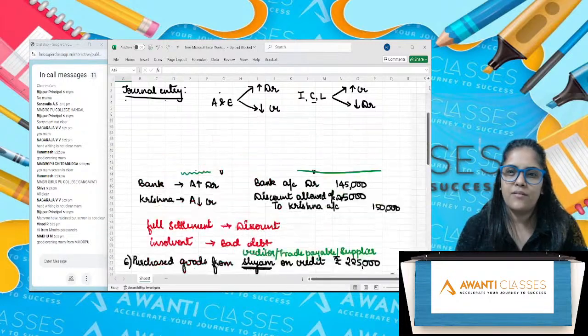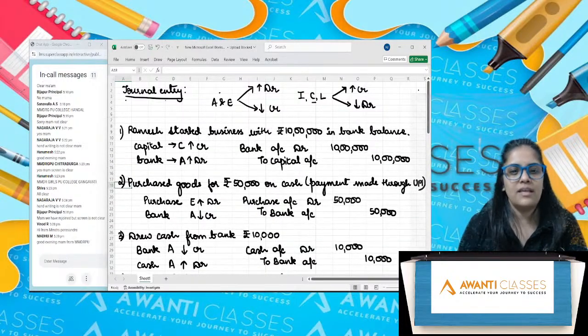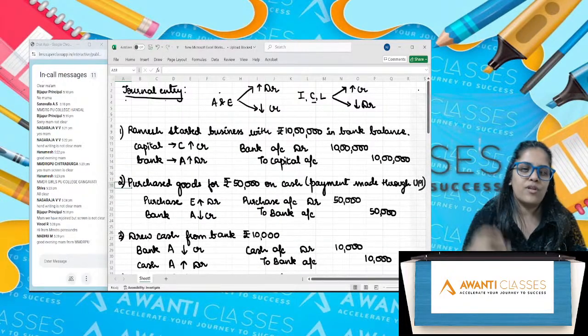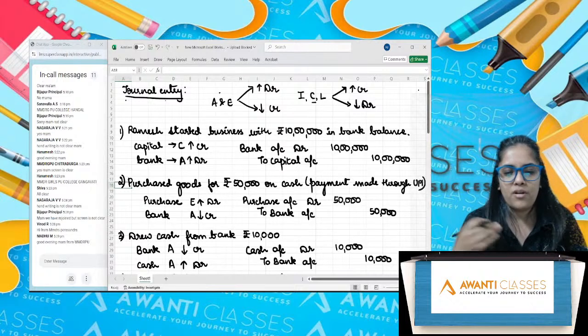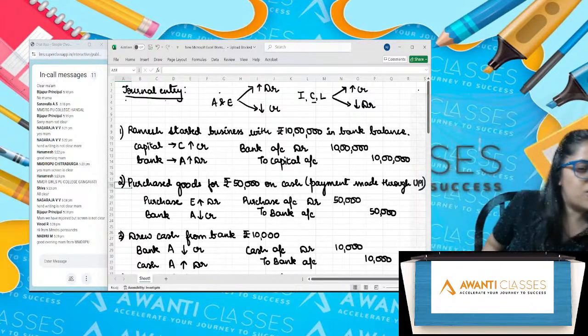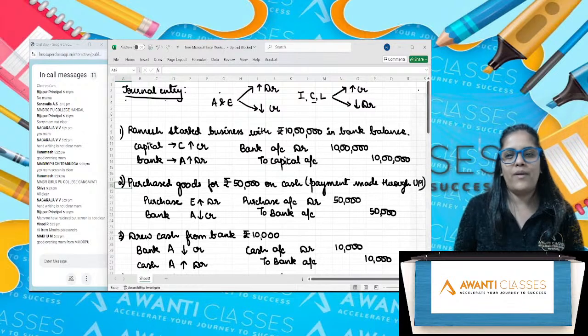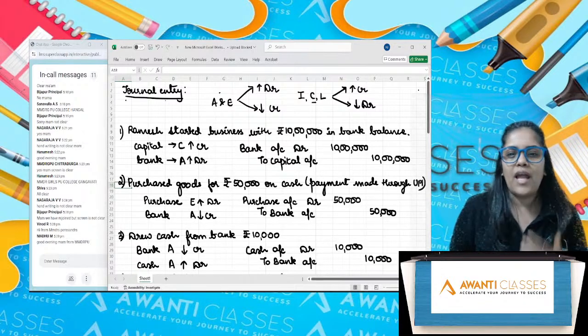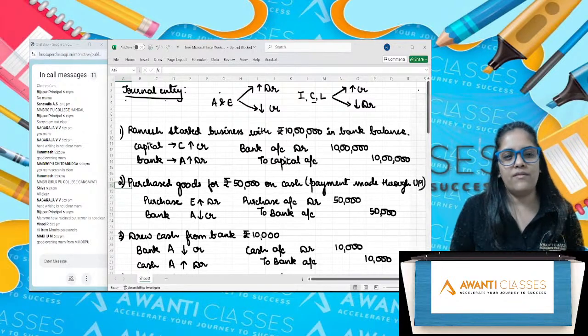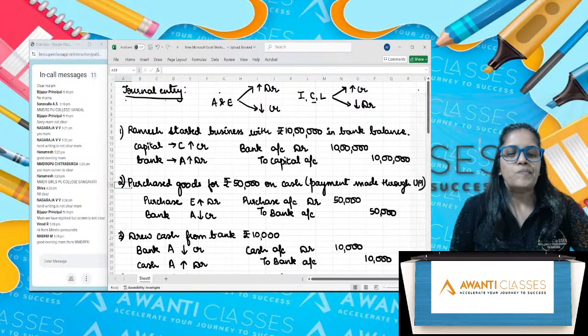Okay. So we have done some 9 examples which were easy. Now I'm going to do some little more complex level journal entries. So before that, I'm going to show you the screen little by little, so you can have a good look and then we will go to the next part.